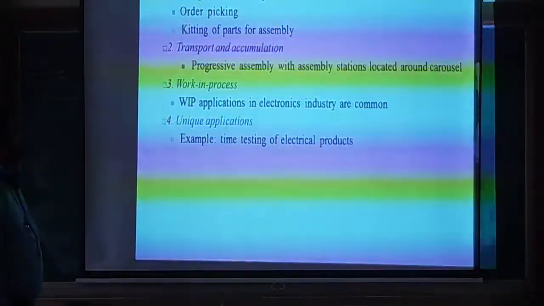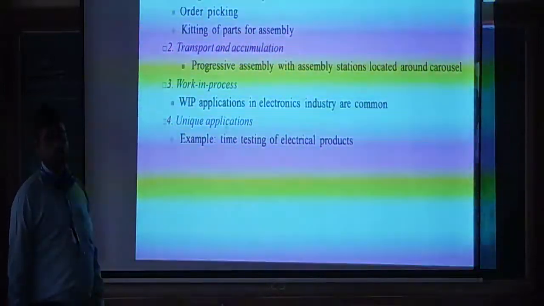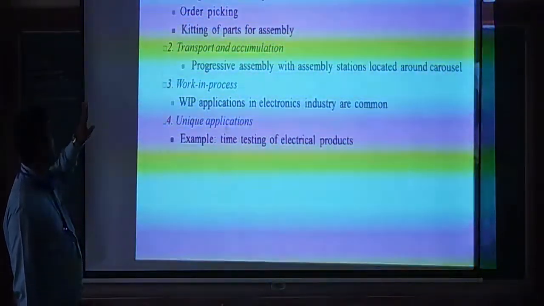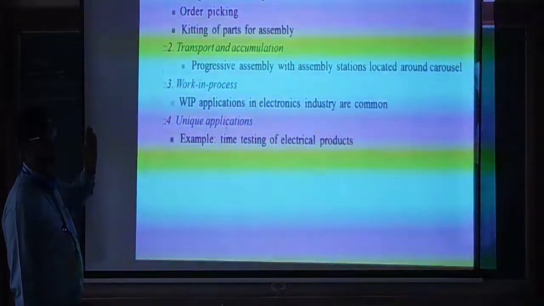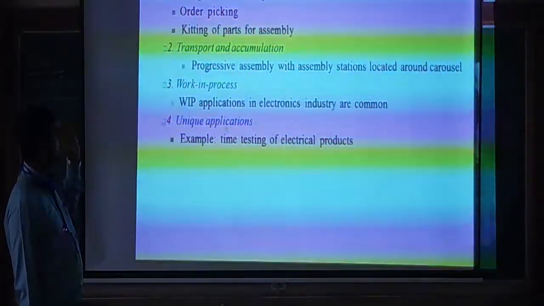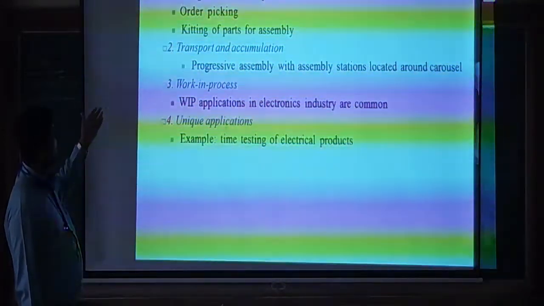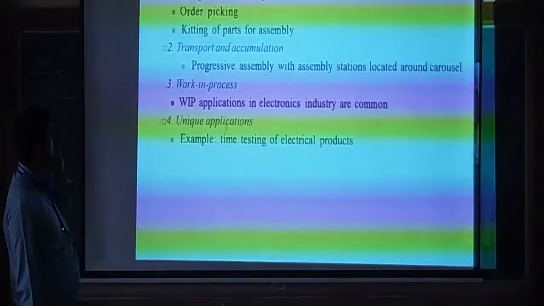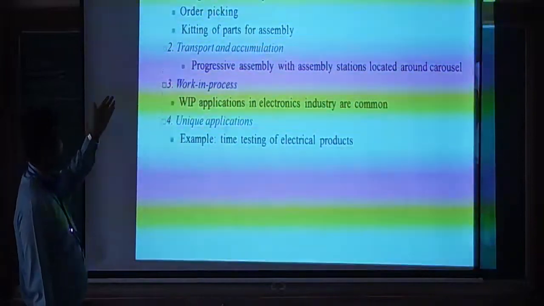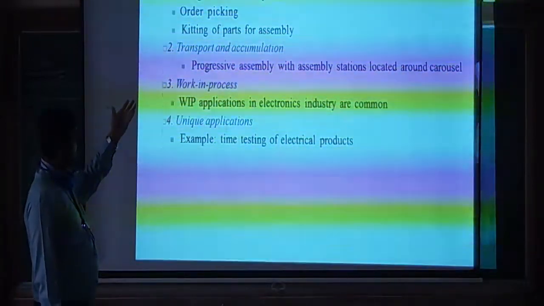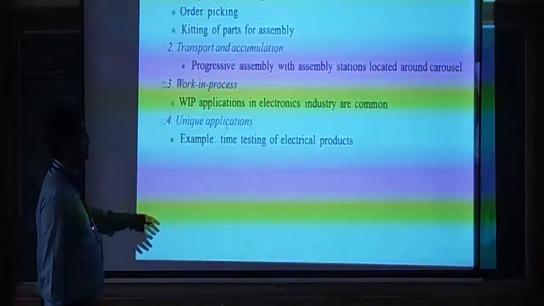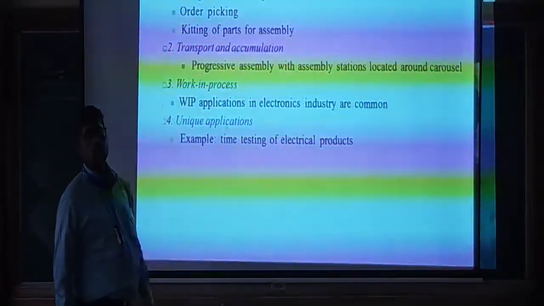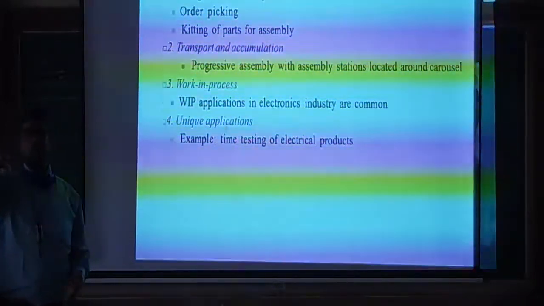As for the applications of carousel systems, the first one is storage and retrieval operations, order picking, and kitting of parts for the assembly, as I have explained. Similarly, whatever the ASRS applications are, there are also transport and accumulation, and progressive assembly with assembly stations located around the carousel.